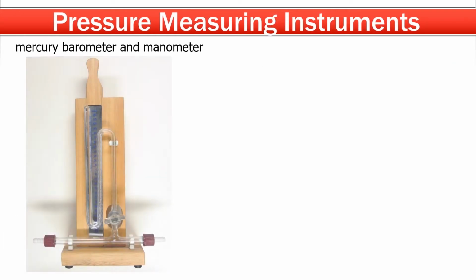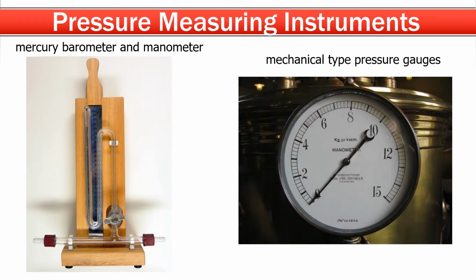The mercury barometer and manometer is still a viable way to measure pressure. That being said, because of mercury's toxicity, the trend is to minimize the use of mercury in chemical benchtop measurements. So we will find mostly mechanical and digital pressure gauges in use in laboratories these days.